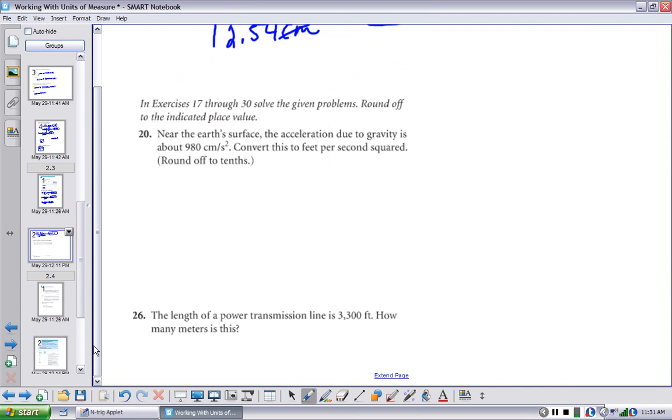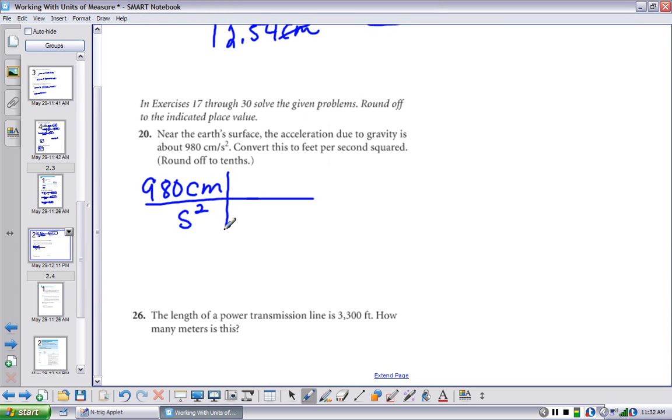All right, the next few problems. It says to solve and round to the indicated place value. Number 20 says, near the Earth's surface, the acceleration due to gravity is about 980 centimeters per second squared. Okay? Convert this to feet per second squared.